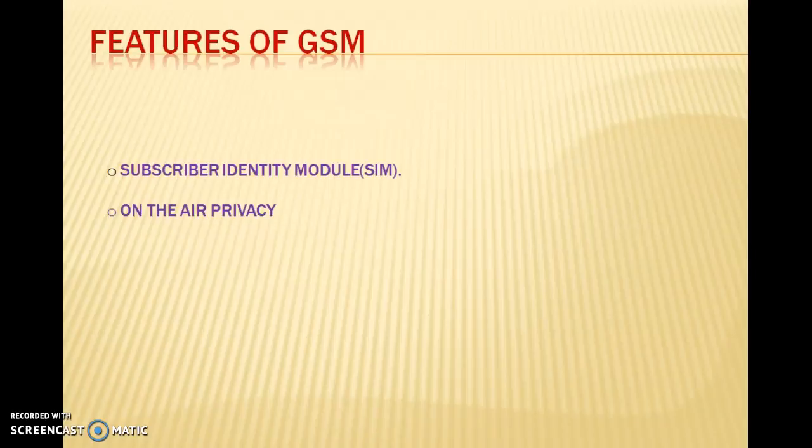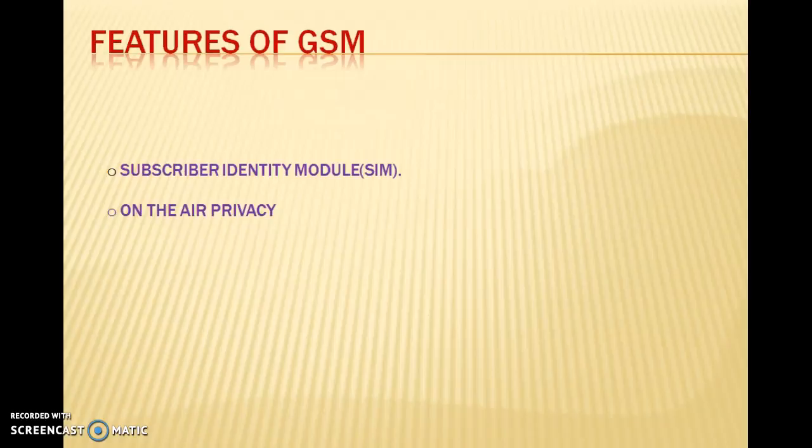When you are sending data, mainly in data services, you are always sure that the data will reach only the person you are sending it to and others cannot get it. This is the privacy you want in your system, and GSM gives this privacy. This is called on the air privacy.